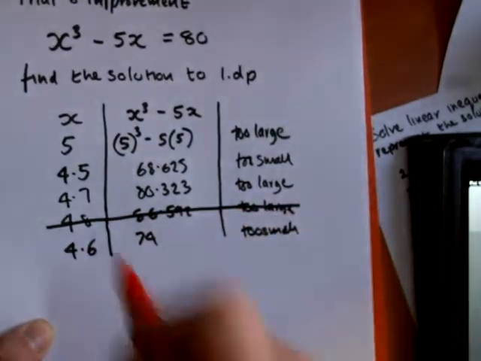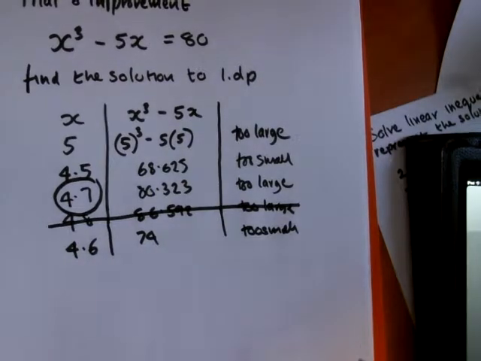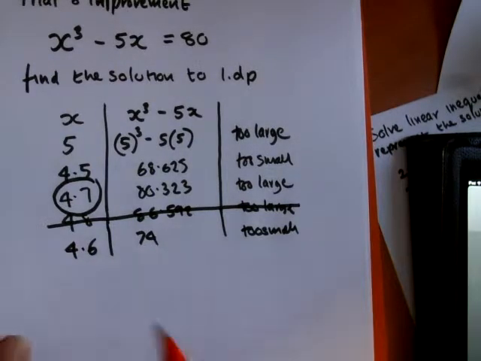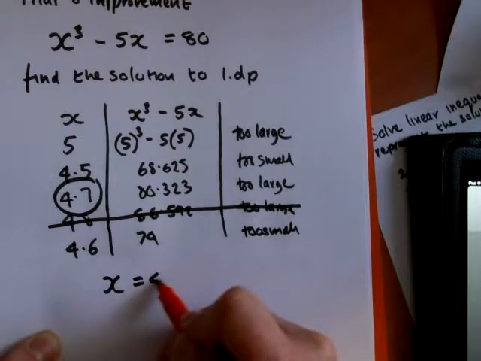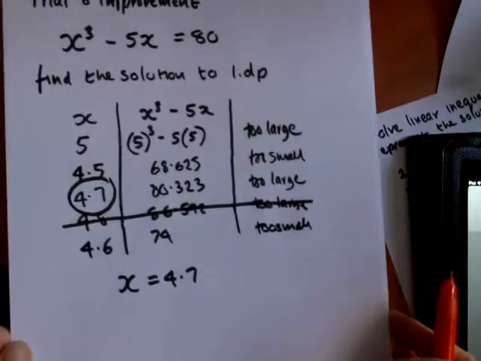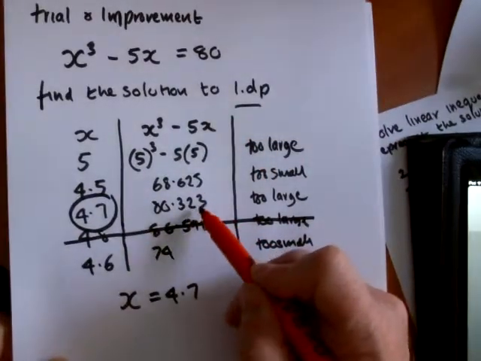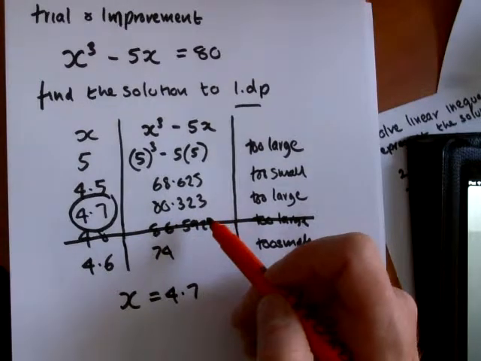So the closest value of x that gets us as near as possible to 80 to one decimal place is x equals 4.7. Now students often go beyond that and try to do it to 2 decimal places, but the question asks for 1 decimal place only. And sometimes students put the answer of 80.323 in, and that's not correct either.